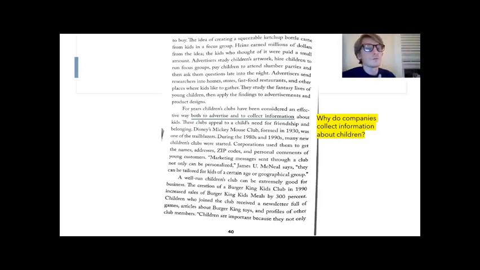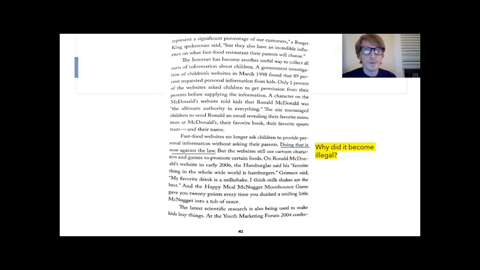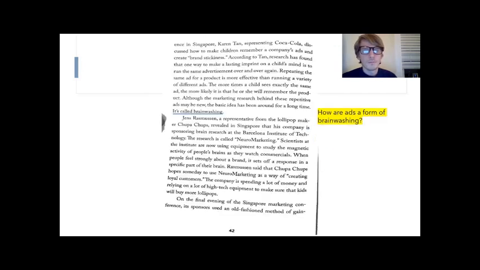Awesome, thank you. So yes, these companies spend a lot of time learning about children so they know how to advertise to them the best. Now, sometimes companies will play an ad over and over, make you memorize songs like theme songs or jingles. Is this a form of brainwashing?